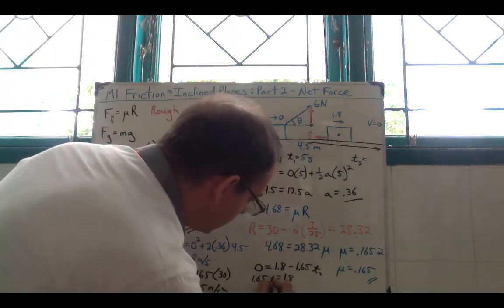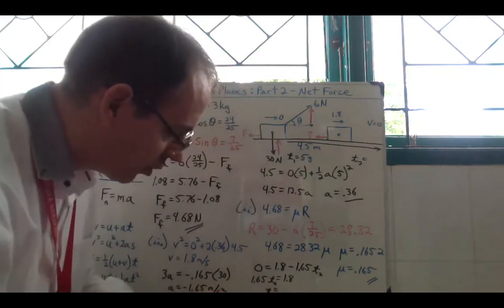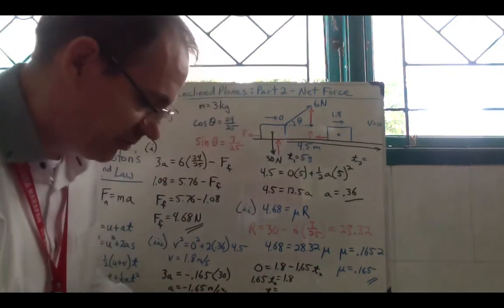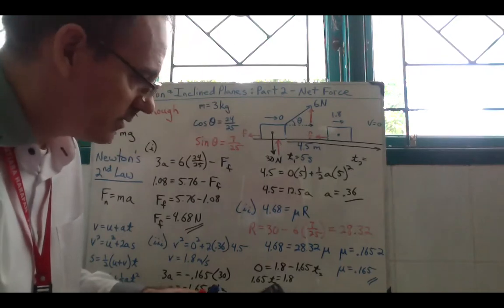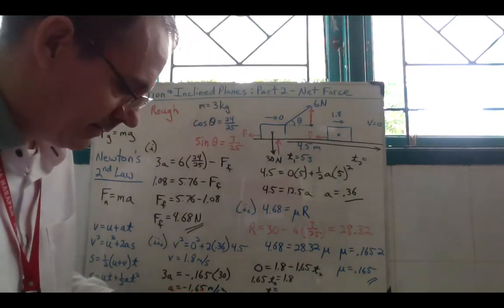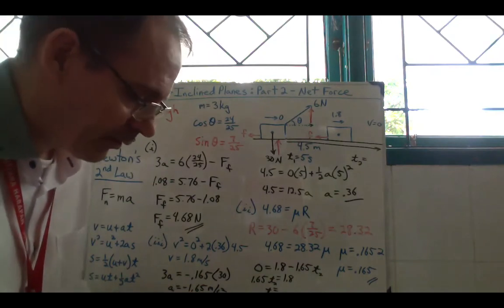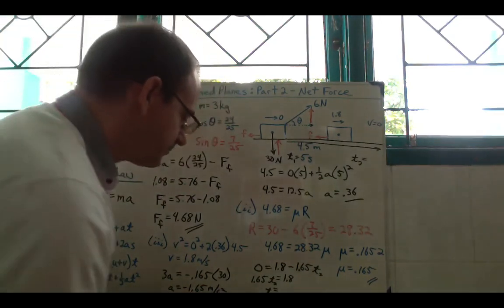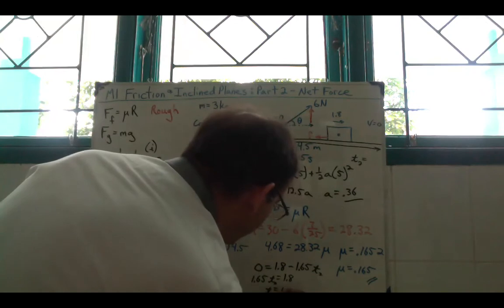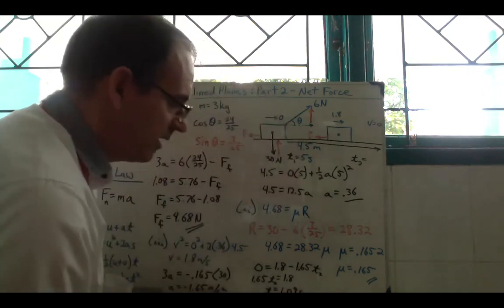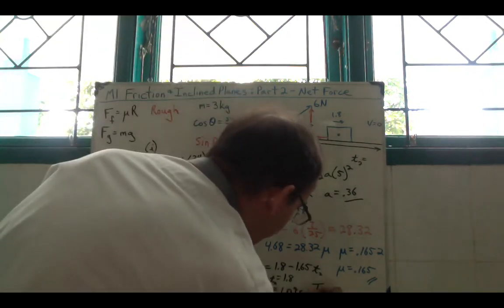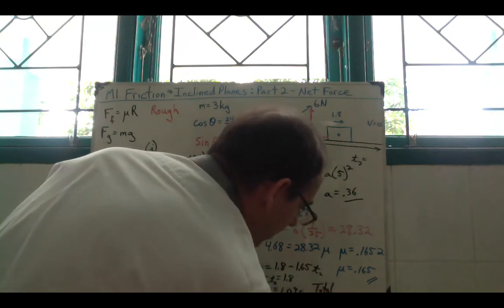So that means 1.65 t equals 1.8, which means t equals, and this is our t2 by the way, because it's asking for total time. So our t2 is 1.8 divided by 1.65, which is 1.09 seconds. So our total time is equal to 5.